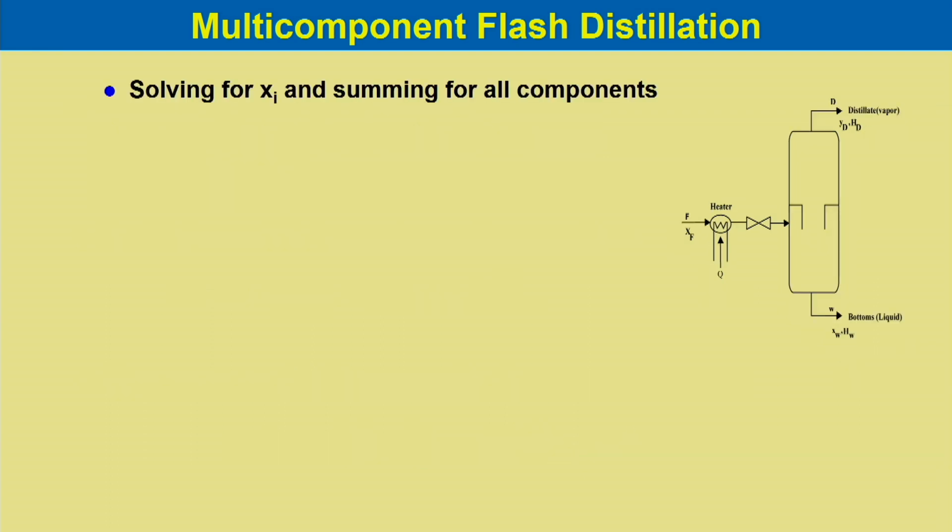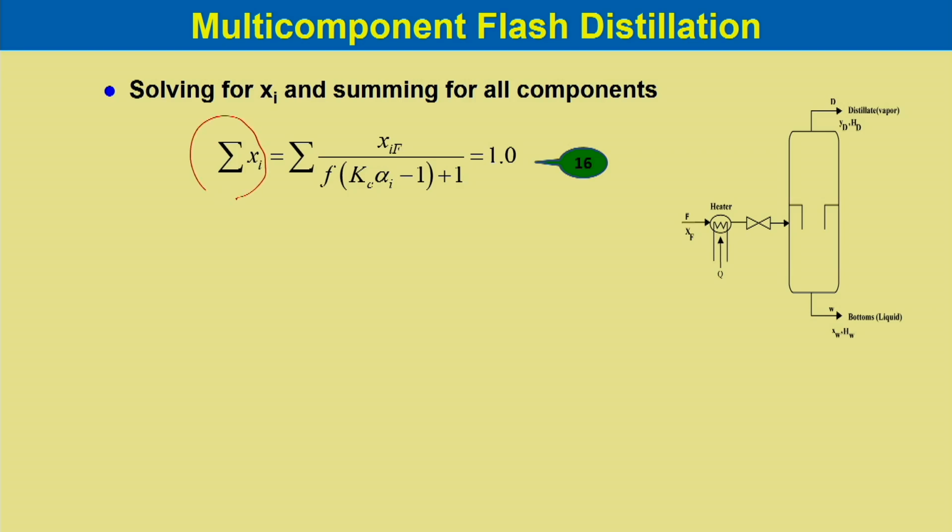Now, solving for x i and summing for all components, summation over x i would be equal to summation over x i f divided by f into (k C alpha i minus 1) plus 1, which is equal to 1.0, because the summation over all components is equal to 1.